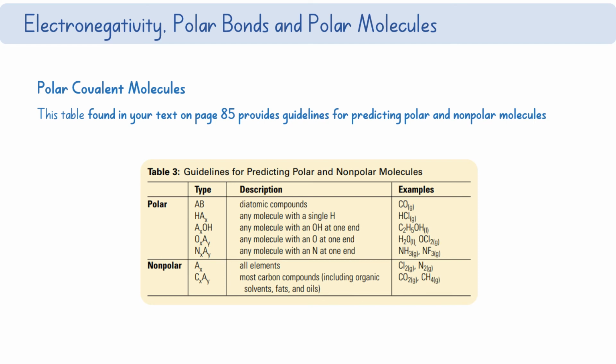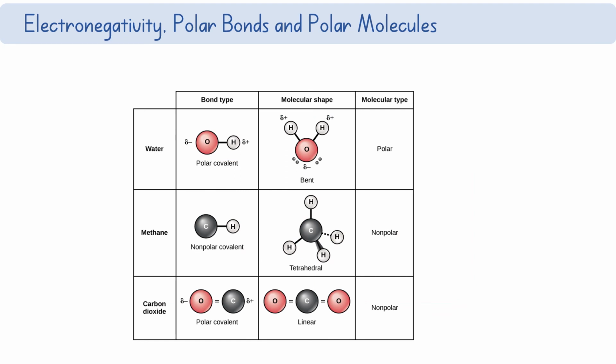Again, useful for this course. So a summary: bond type, polar covalent. An example is water. Now, this is doing the molecular shape and the molecular type. And we'll be looking at this in more detail coming up.